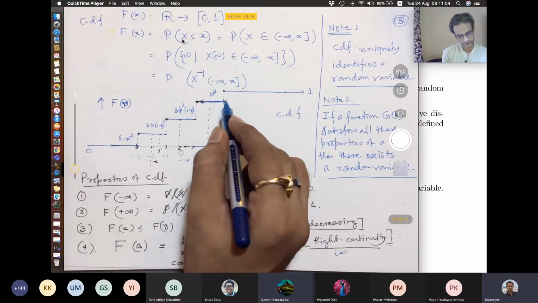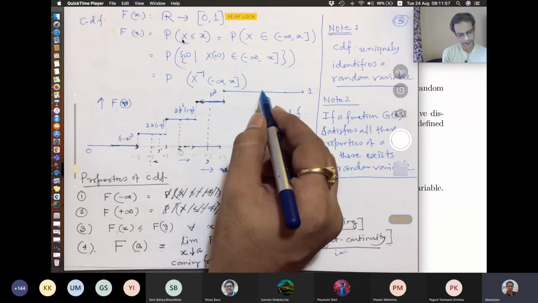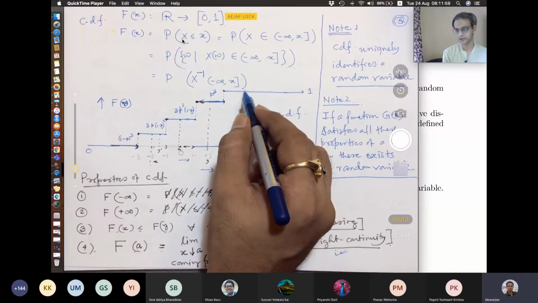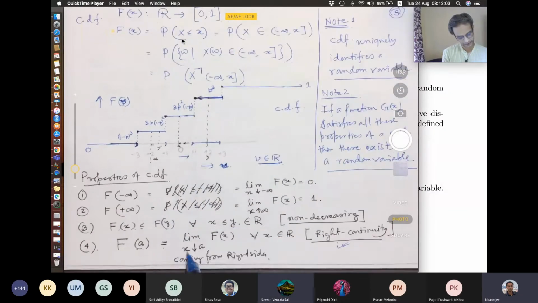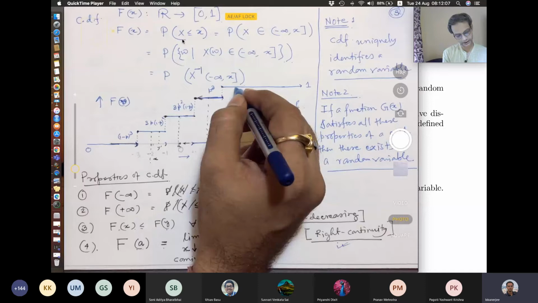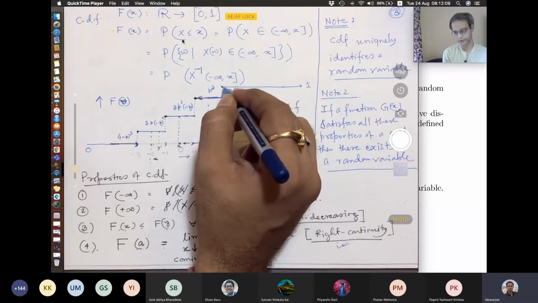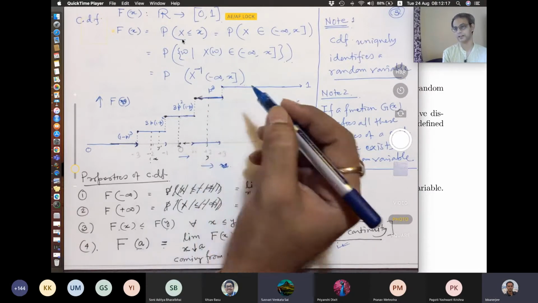No. Right continuous means you have to approach from the right. X is going to A from above. The X value must be larger than A, and it is going to A. What do you mean by right extreme?